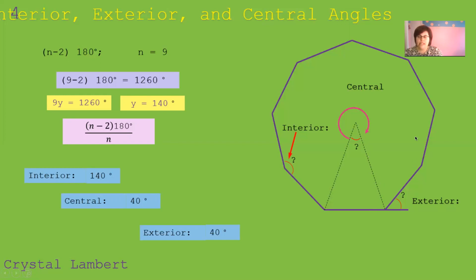We know each of these interior angles, the total is 140, right? So this is 140 degrees. A straight line is a total of 180 degrees. So we look, the interior angle is 140. So if we continue, 140 plus what gives us 180? That is 40. So we know our exterior angle is 40 degrees.